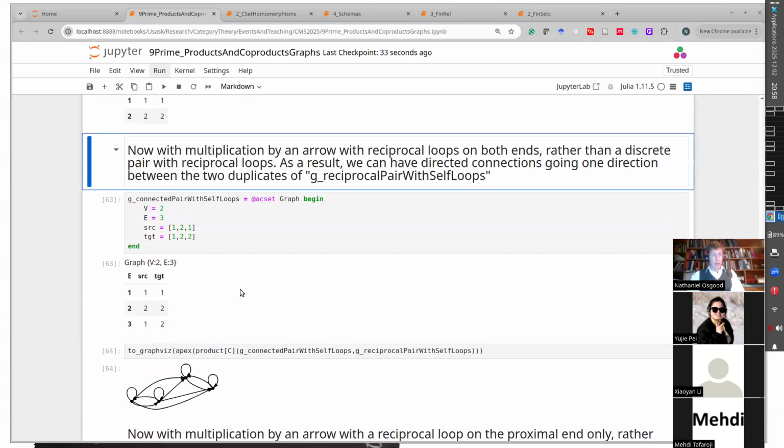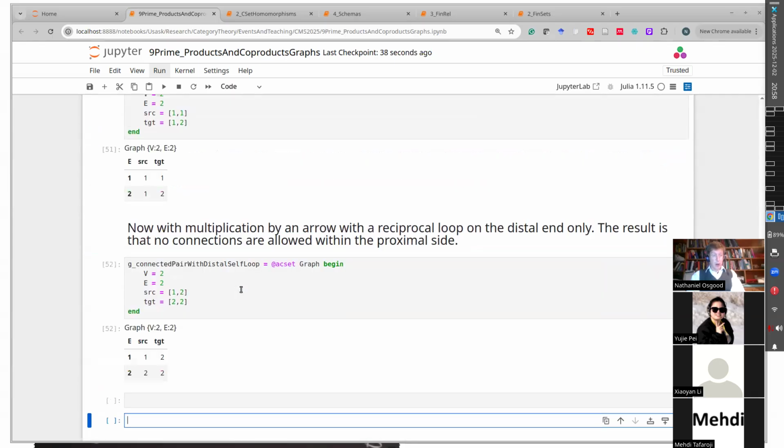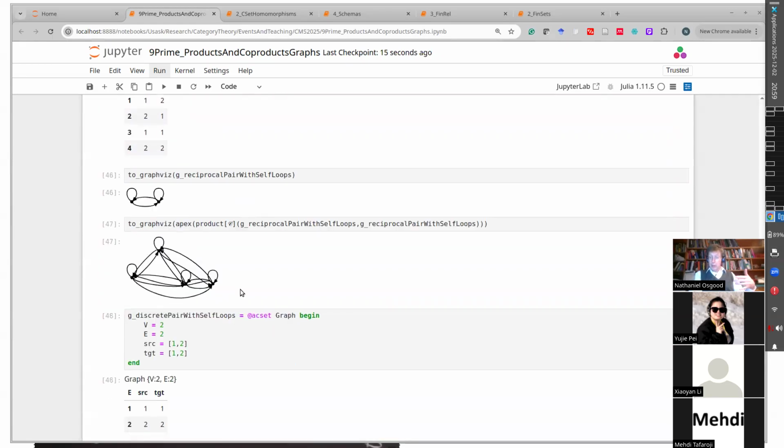Okay, I think I'll leave it there for products and coproducts. Coproducts are rather simple structures. Products are simple structures too, but just like the product of two natural numbers, if one is zero, the product is going to be zero, regardless of how big the other one is. By building in reflexive arrows with graphs, we can get this extra flexibility and have the structure preserved.